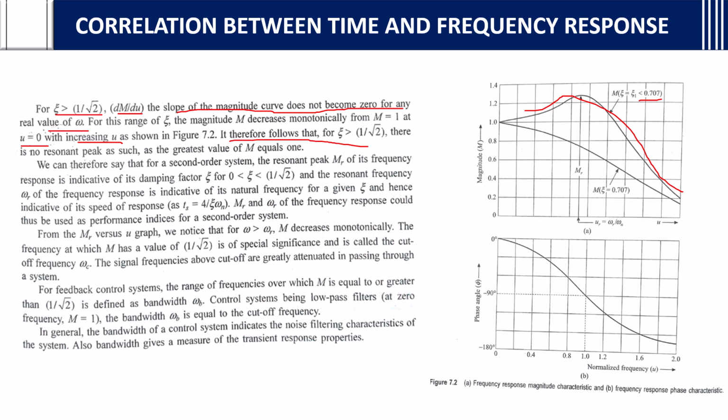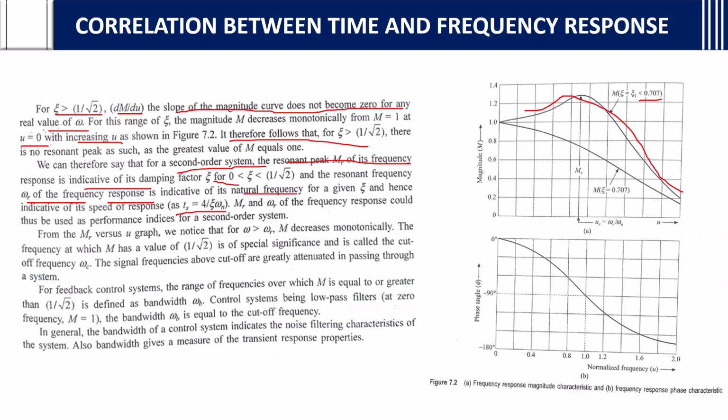We can therefore say that for the second order system, the resonant peak Mr of its frequency response is indicative of its damping factor xi for 0 less than xi less than 1 by root 2. And the resonant frequency omega r of the frequency response is indicative of its natural frequency for a given xi, and hence indicative of its speed of response, that is 4 by zeta omega n.